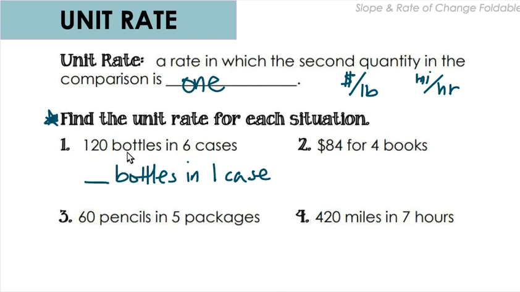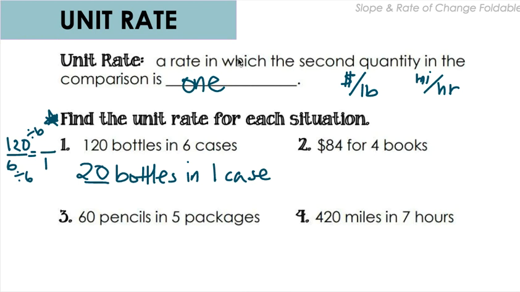Now, in order to figure that out, we can use proportions or ratios. If it's 120 bottles in 6 cases, how many bottles in 1 case? Well, 6 divided by 6 is 1. So what's 120 divided by 6? 20.